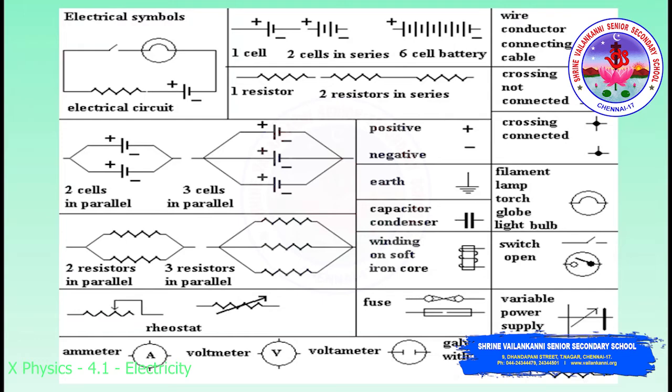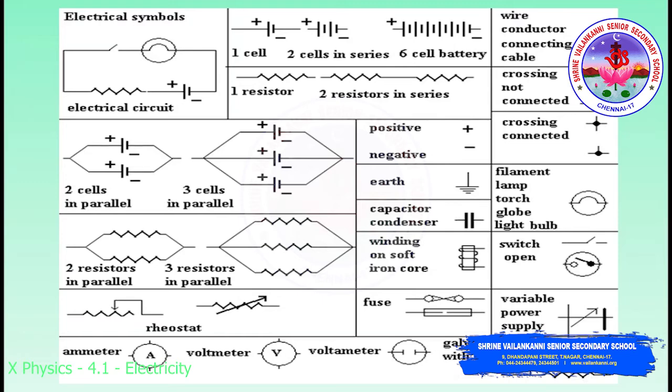Earth connection. Capacitor or a condenser: you must know how to draw the differentiation between a cell and a capacitor. When you draw the cell, one leg should be bigger and the other small, but for the capacitor, both the legs should be the same size, right? So 2 resistors in parallel, 3 resistors in parallel, the resistor symbol with the symbolic representation.